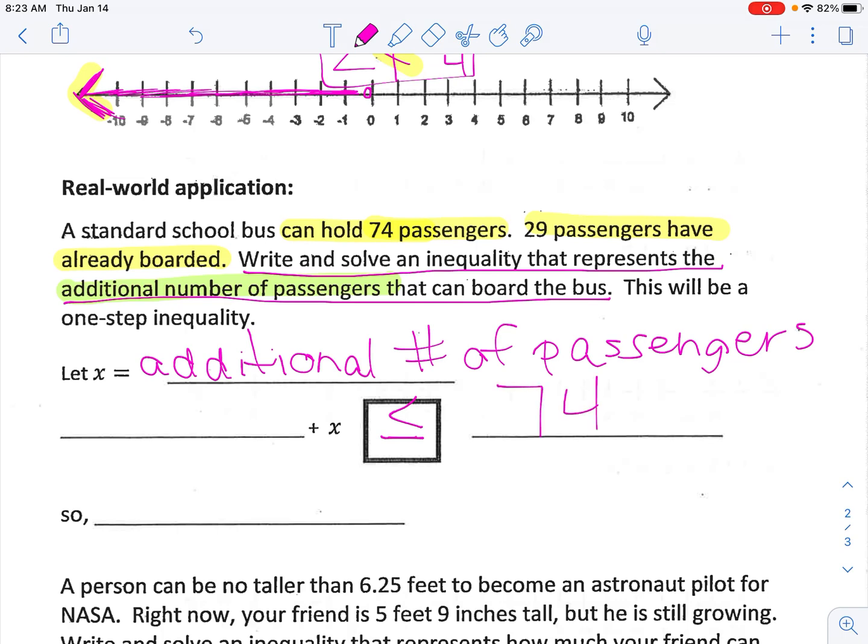Now, how many passengers have already boarded? 29. So our inequality is going to read 29 plus x, how many more people can board, to be less than or equal to the 74 seats on the bus. So that inequality would say 29 plus x is less than or equal to 74.